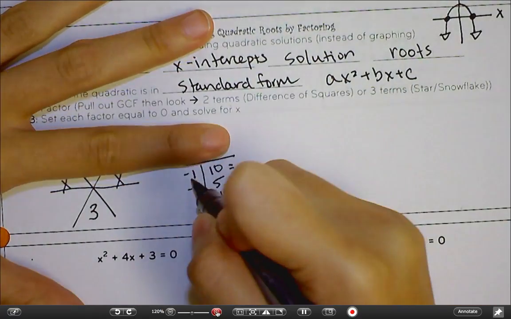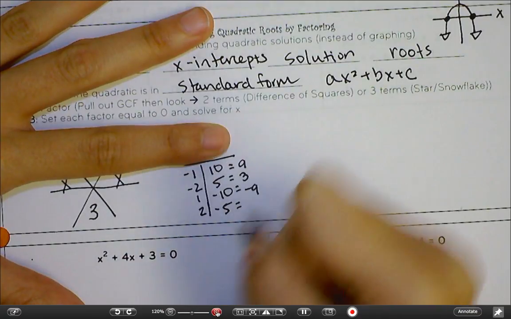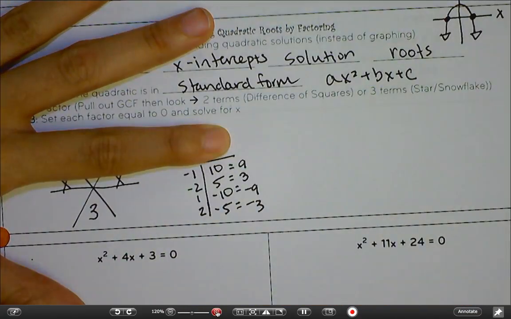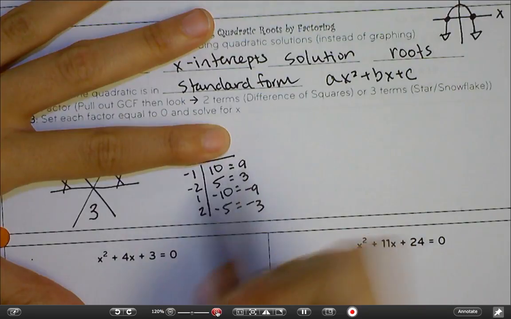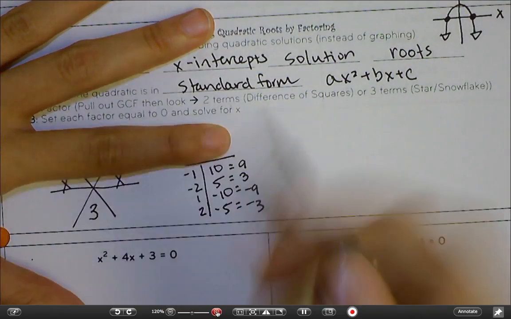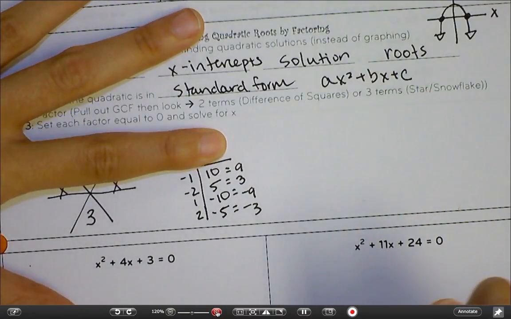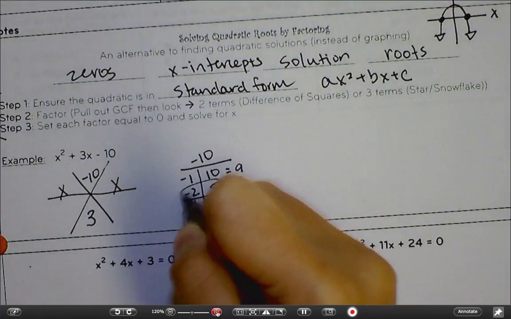So negative 1 and 10 will give me 9. This will give me 3, negative 9, negative 3. Use your calculators to help you with this, especially if you're working with integers. If you know it already, use your calculators to double check yourself. So I know I'm going to use negative 2 and 5.